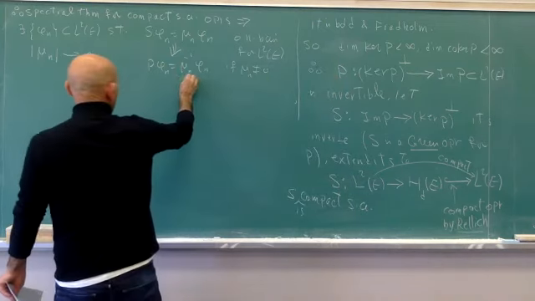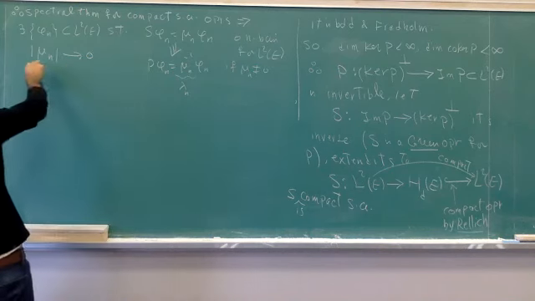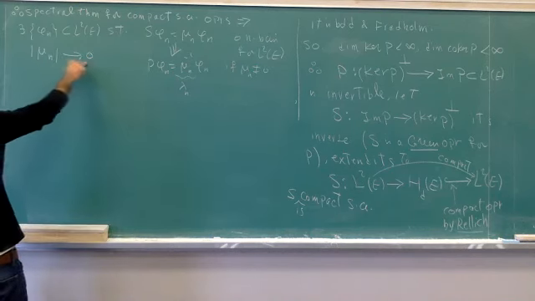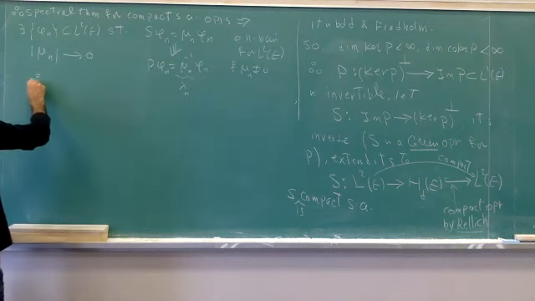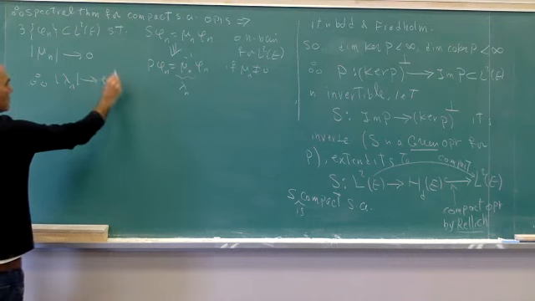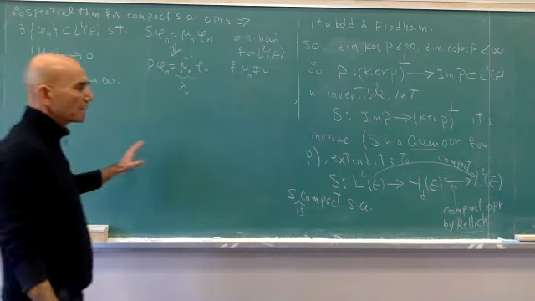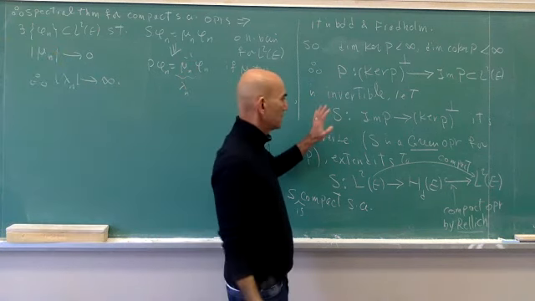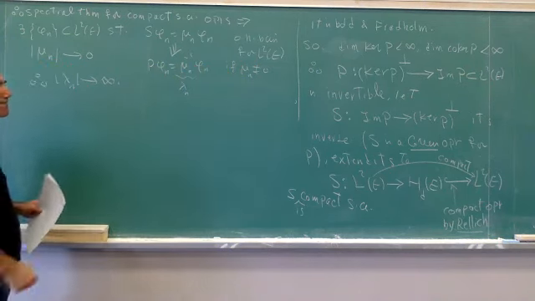Okay, so I get these lambda n's. And since the absolute value of mu n goes to 0 by compactness, the inverse goes to infinity. So this is basically, exactly, the proof of part A.